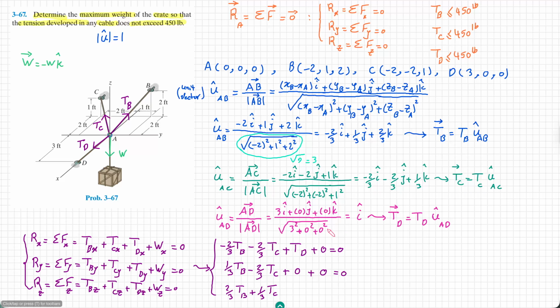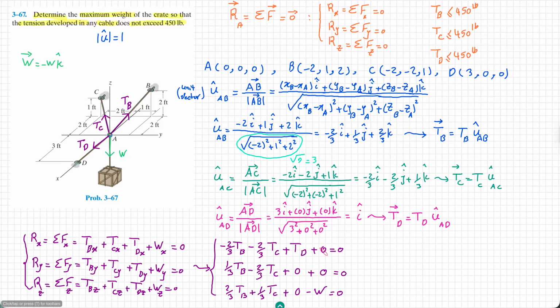And the z component of AD or TD is 0 because it is only in the x direction. And the z component of W, if you look at this, is just negative W. So I just write negative W, and everything must equal 0.